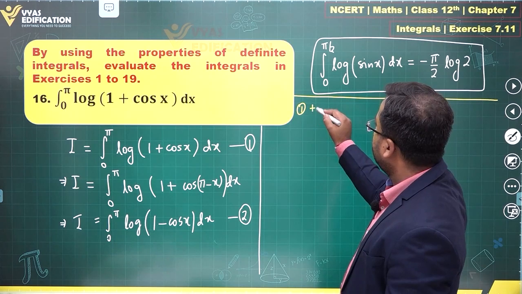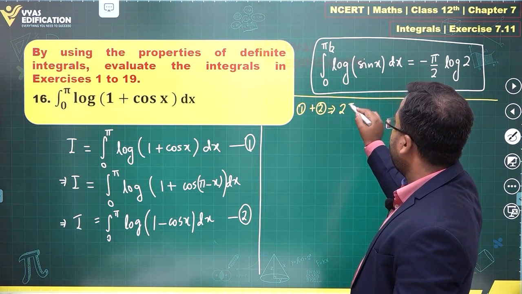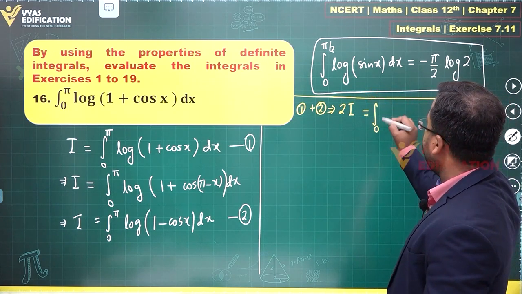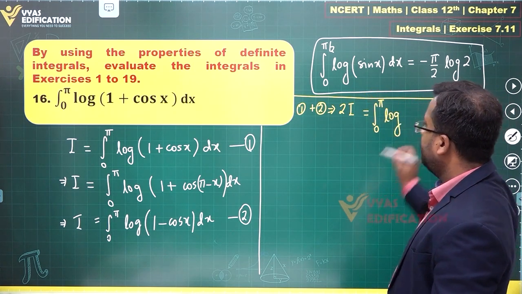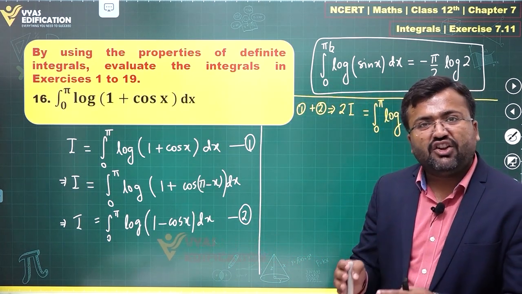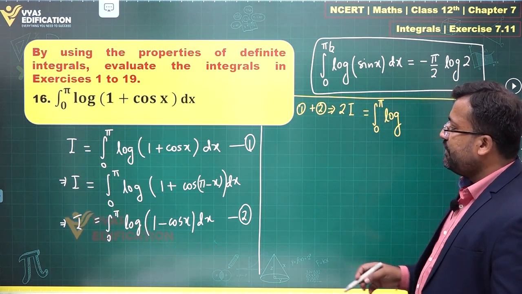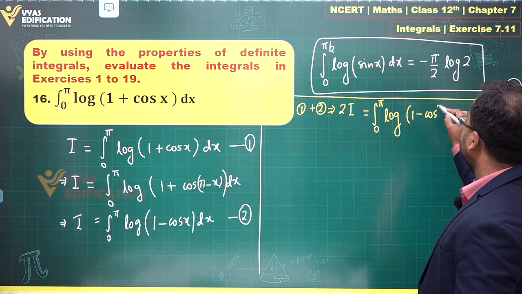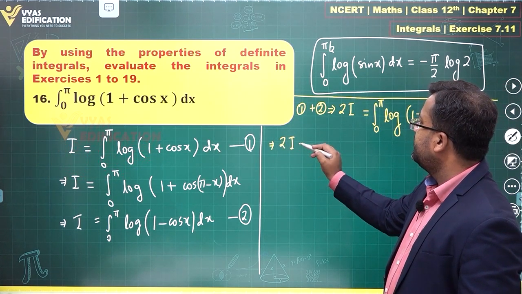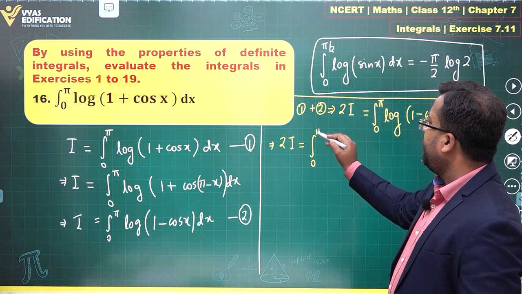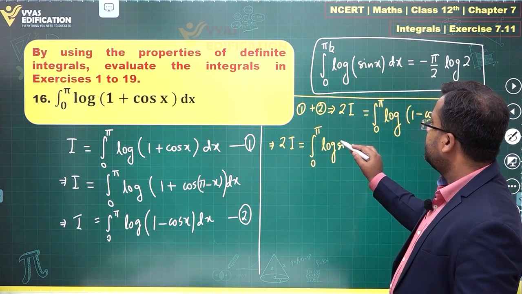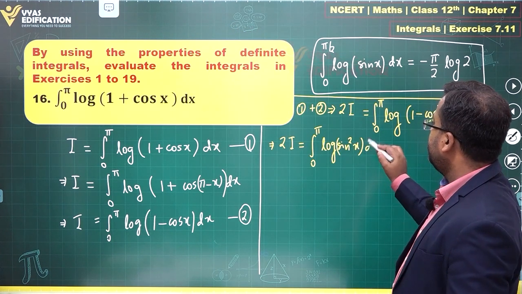I'll simply add them together. So 1 plus 2 implies 2I on the LHS is equal to the integral from 0 to pi of log of 1 plus cos x and 1 minus cos x. Log of x plus log of y will be log of x into y. So 1 plus cos x into 1 minus cos x will be 1 minus cos square x dx. This tells me 2I is equal to the integral from 0 to pi of log of sin square x dx.